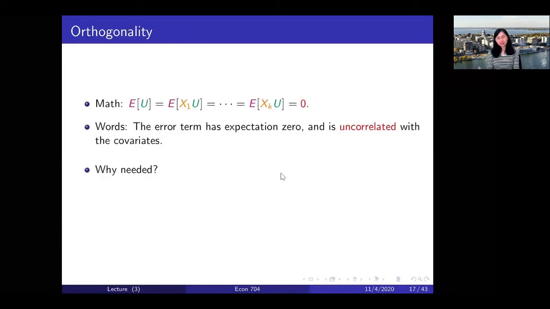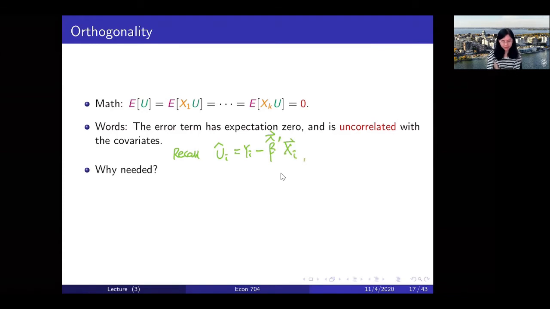Why do we need this assumption? Well, recall that the sample residual, the y_i minus the linear function with beta hat in it, not beta hat prime x_i vector.